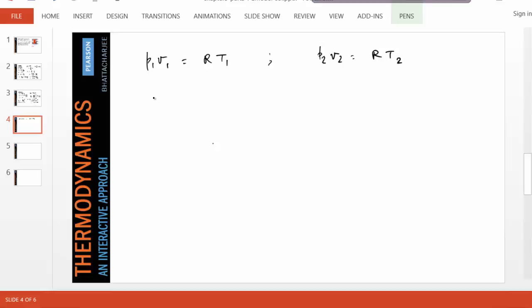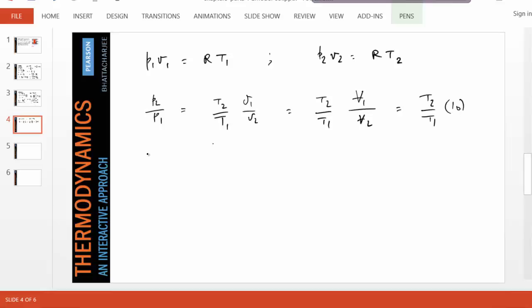Dividing each other, we can get P2 over P1 equals T2 over T1 times V1 over V2, right? Because mass remains constant, we can write that as V1 over V2, dividing by mass in both numerator and denominator.